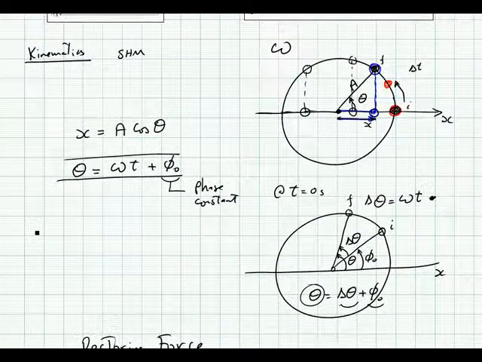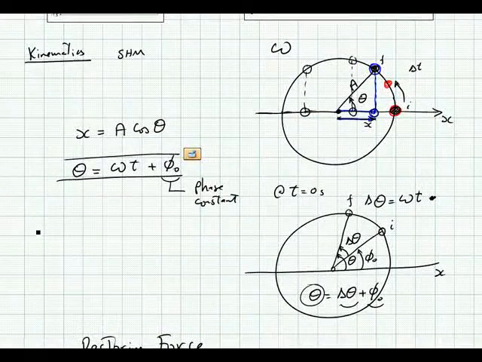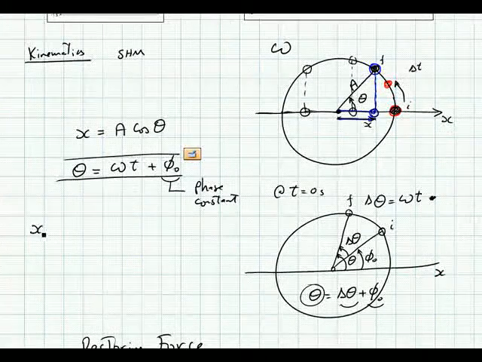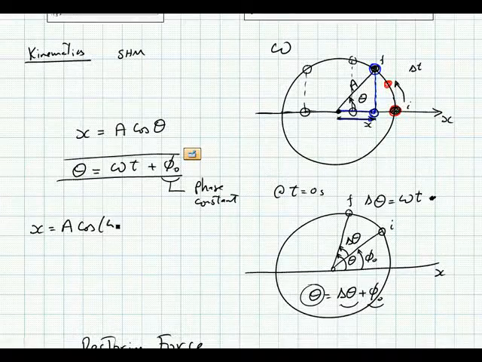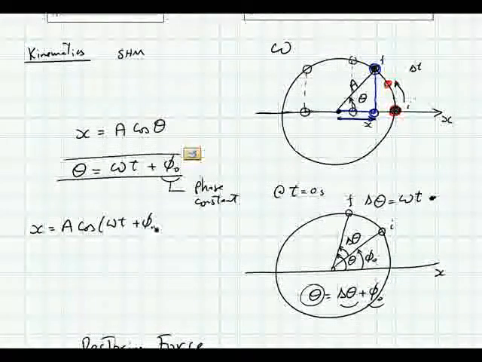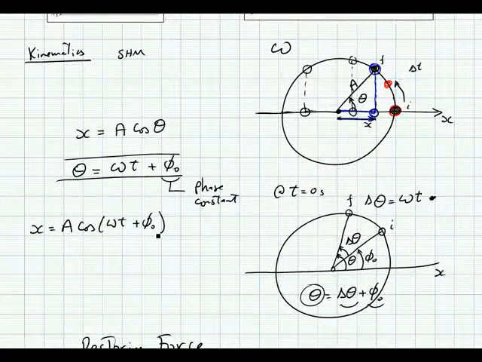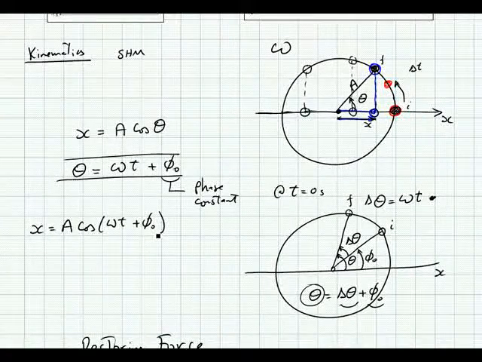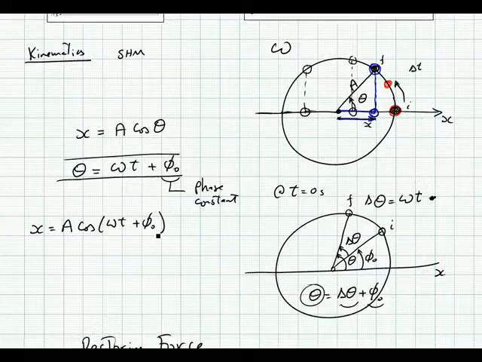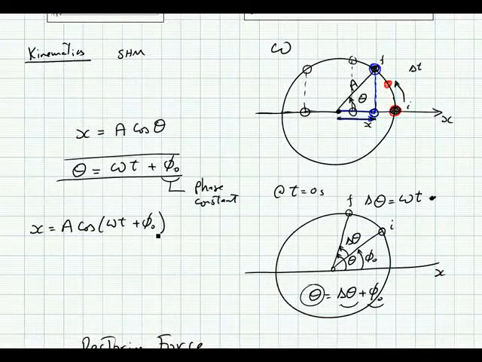Therefore, the kinematic equation describing simple harmonic oscillation is given by x is equal to a cosine of omega t plus phi naught, where phi naught, as we just covered, is the phase constant, describes the position of the object at t equals 0 seconds.